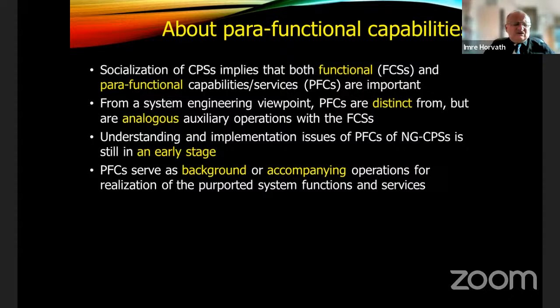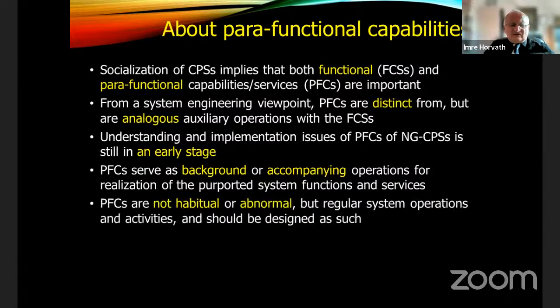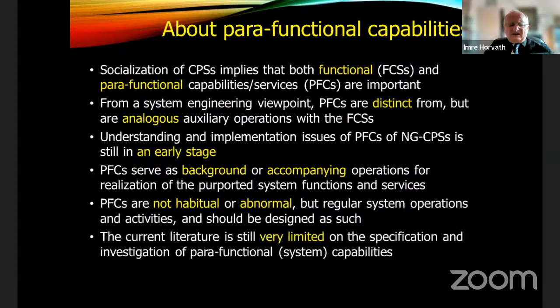In your research, you can interpret parafunctional capabilities as background or accompanying operations for a cyber-physical system. However, they cannot be taken as habitual or abnormal. They are regular operations, but different from the main operational functions of the cyber-physical system.